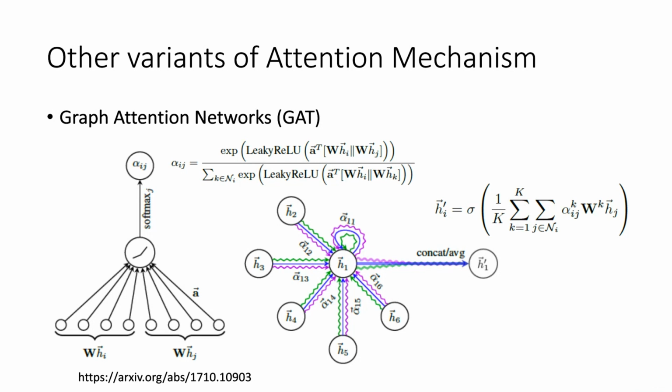So this is a direct extension of the graph neural network using an attention network. You can imagine it as an attention module plus a graph neural network, where the attention mechanism is just like a plugin module.